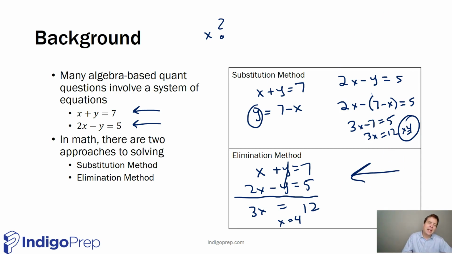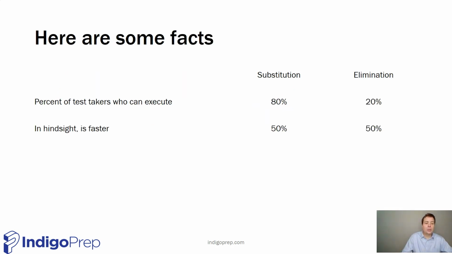Now, the GMAT has a really good idea of what its test-taking population looks like. And as it turns out, the GMAT knows that the percent of test takers who feel good about the substitution method, because it's the thing that you do on a math test, is about 80% of the test-taking population. Whereas only about 20% of the test-taking population is proficient at elimination.